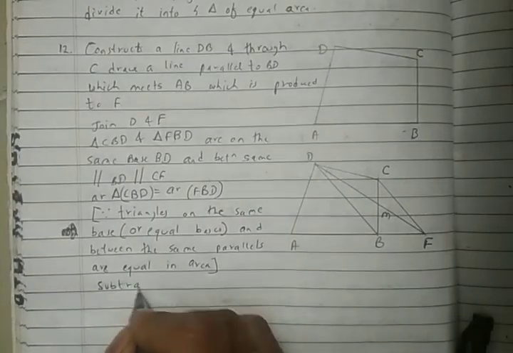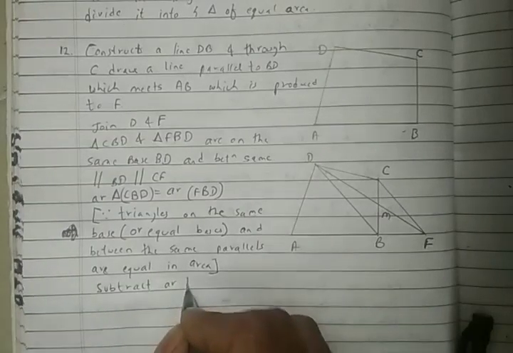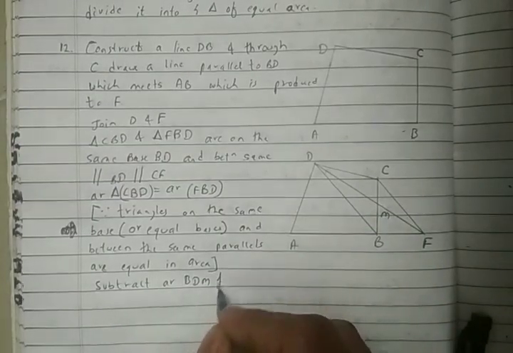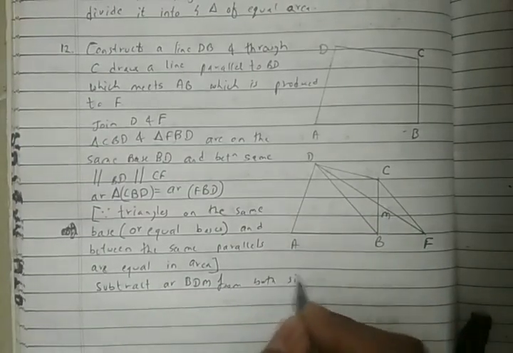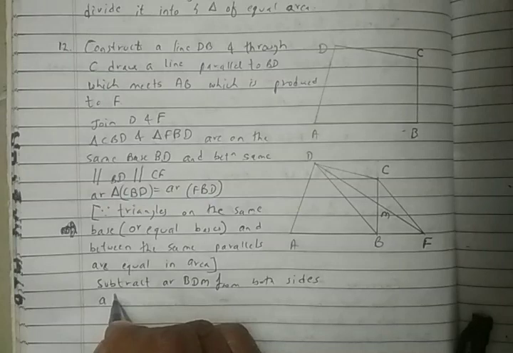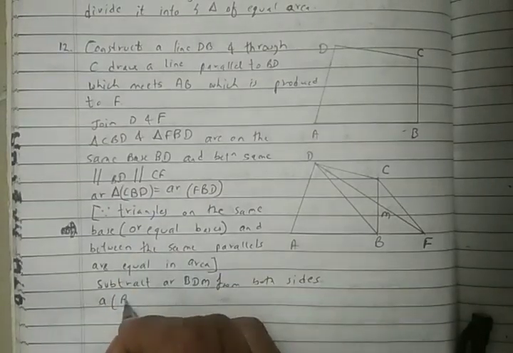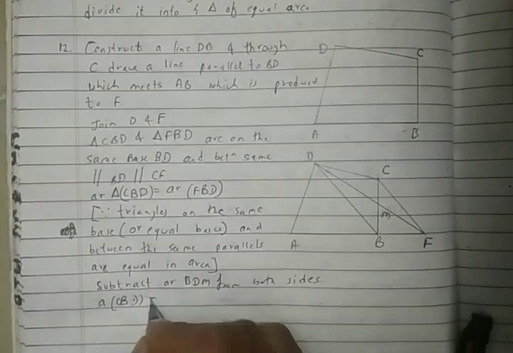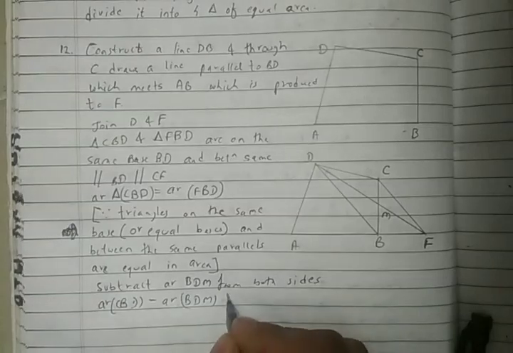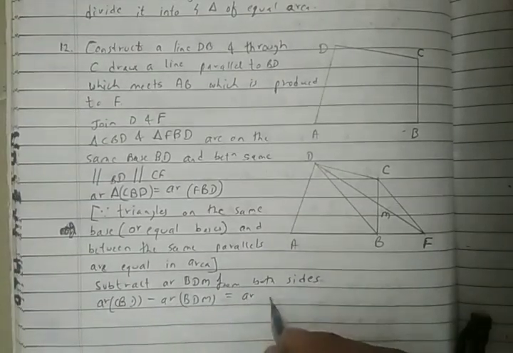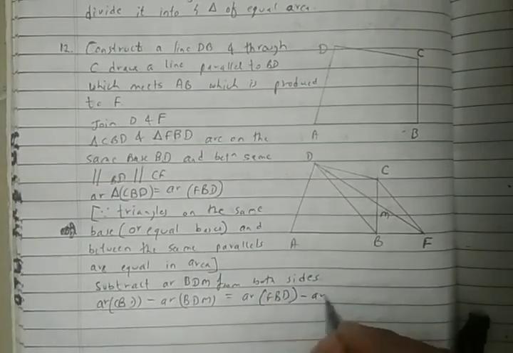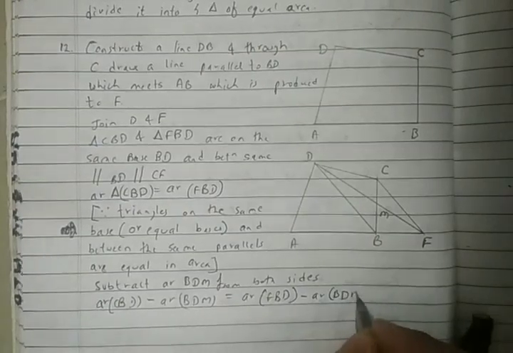Now subtract area BDM from both sides. So we will write it down. Area of CBD minus area of BDM equal to area of FBD minus area of BDM.